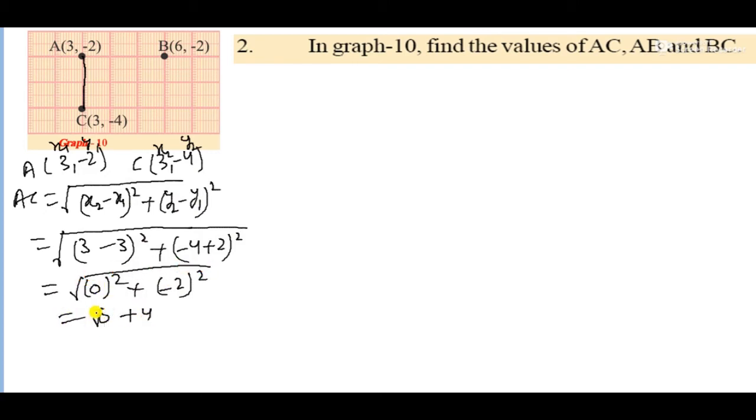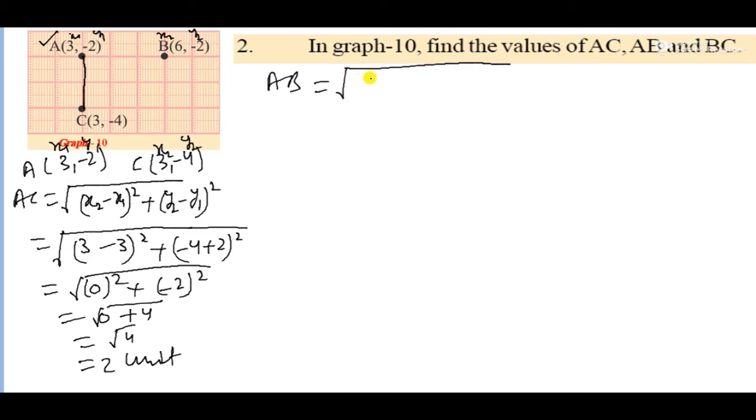A is given as, that is the AC. So you can write here AC. A is given as 3, minus 2 and C is given as 3, minus 4. Let us start the formula for AC. AC is equal to the distance formula, so you can write x2 minus x1 whole square plus y2 minus y1 whole square.